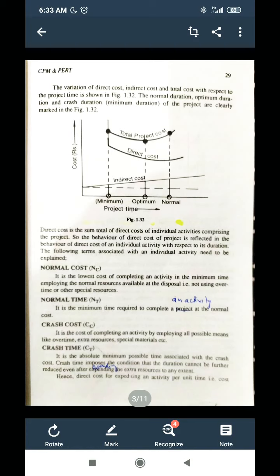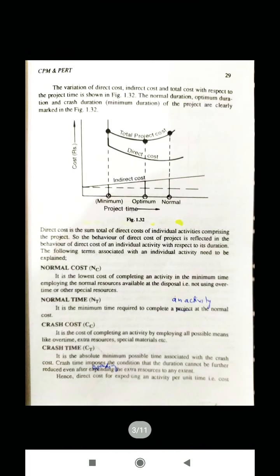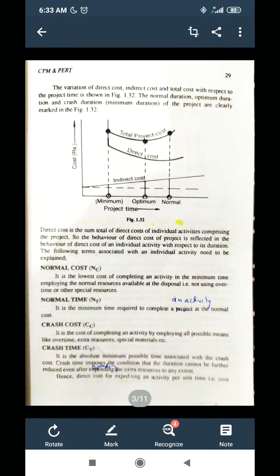So there will be a certain point in between where the total cost, adding up these costs, is minimum. This instant of time where the total cost is minimum is known as the optimum duration, and the cost corresponding to this is known as the optimum cost or minimum cost.